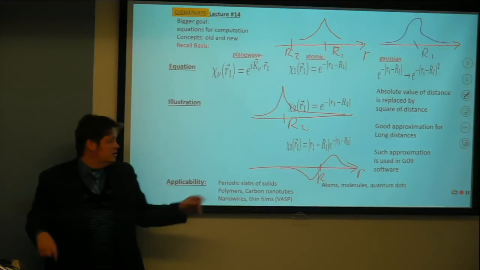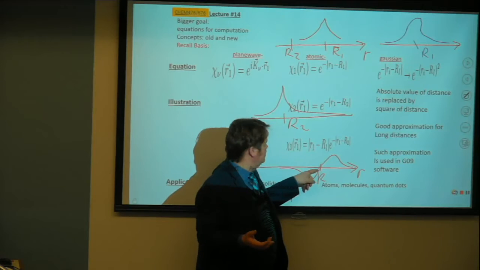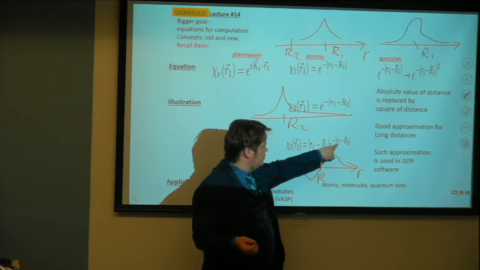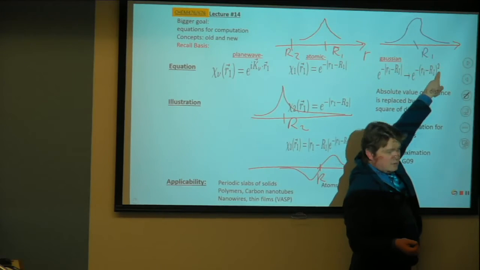So it is a kind of one-dimensional representation of SP orbitals. Anywhere we have e to the minus absolute value of distance; in Gaussian it will be squared.